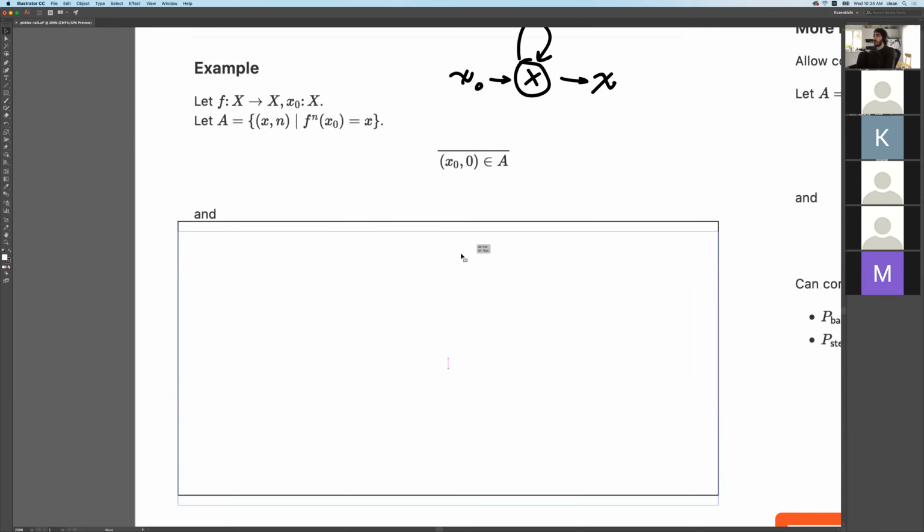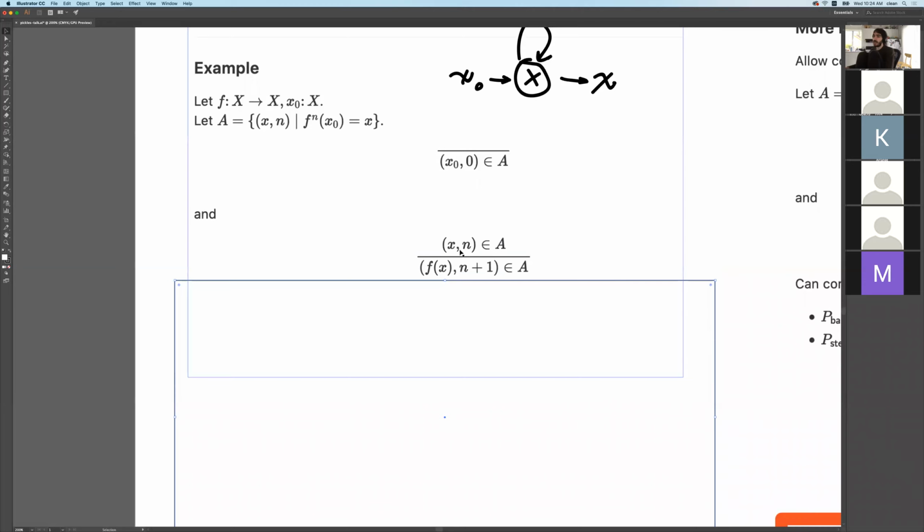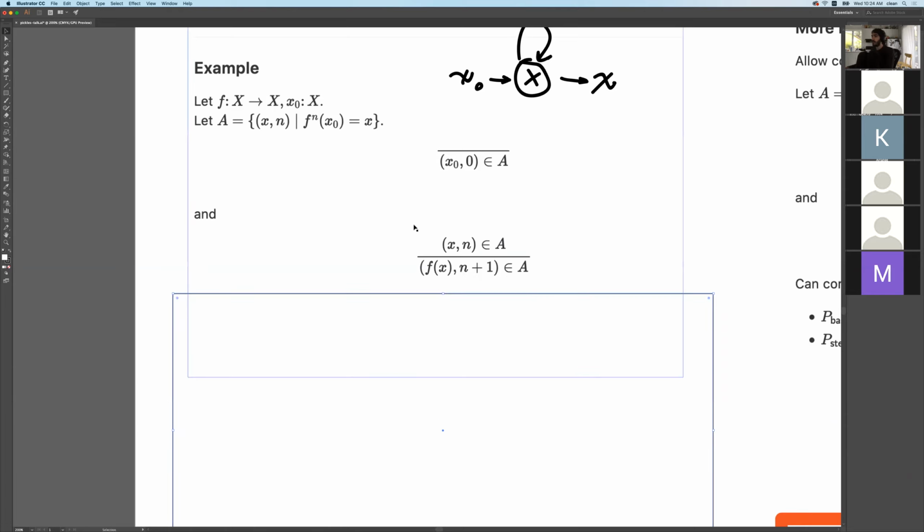And one more rule to characterize A. If x, comma n is in A, then f of x, comma n plus 1 is in A. If you apply f to x0 n times to get x, then if you apply f n plus 1 times to x0, you'll get f of x. Does this notation make sense?